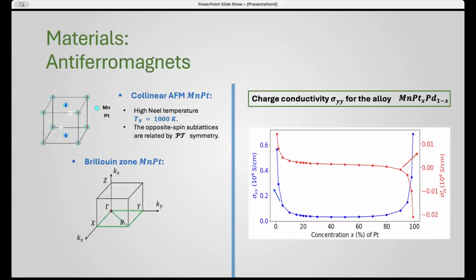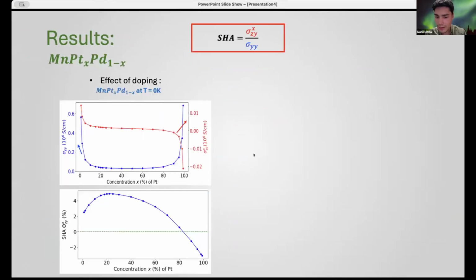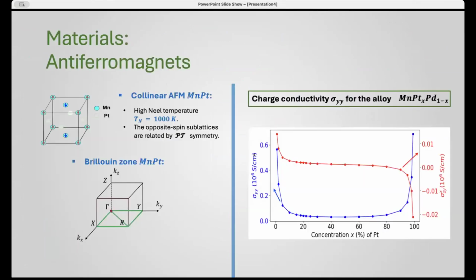Yes, this slide. The Néel temperature TN is 1000 Kelvin. Okay, so can you comment on why you are losing antiferromagnetism so quickly around room temperature?